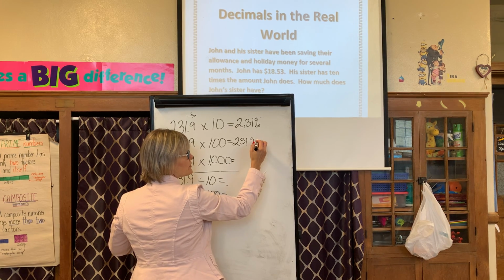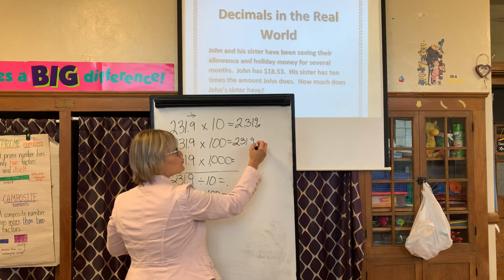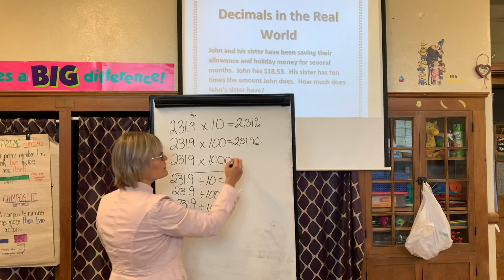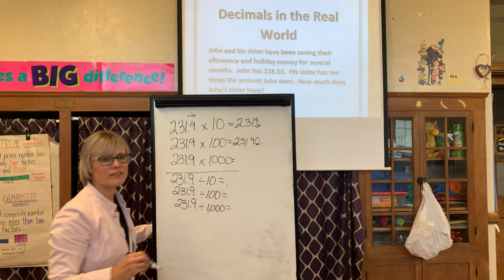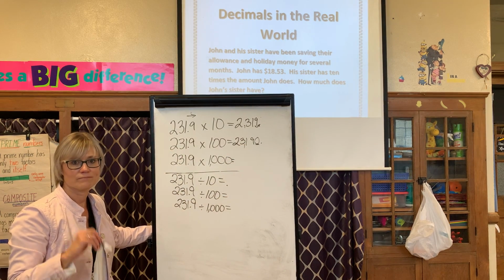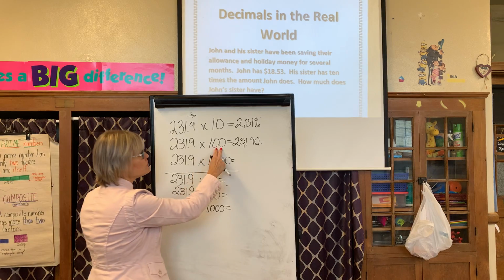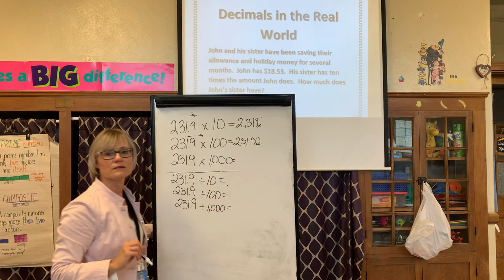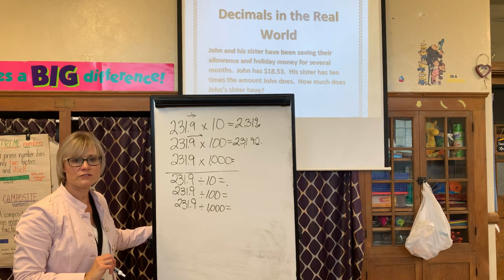The decimal was right here. We have a blank space. So we have to use a placeholder, which is a 0. So now the answer is 23,190. Okay? So 2 zeros, we move the decimal 2 places, and then you have your answer.